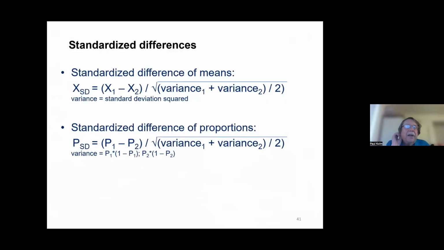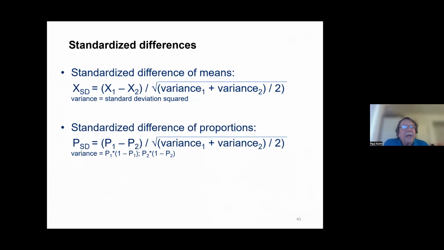One way of avoiding that, if you have a table that you wanted to show differences, say between two groups or maybe more than two groups, rather than doing hypothesis testing, is to calculate what is known as standardized differences. And so we can do standardized differences of means or proportions.